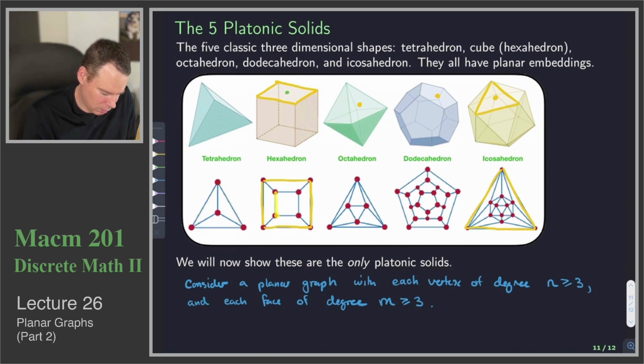Or in the case of the cube, every face has degree 4. Or the octahedron, every face has degree 3, and so on. So I'm not making any assumptions about these values. I'm just saying every vertex has degree n, and every face has degree m, because that's a common property that all of these graphs have. And we're going to show that in this case, there's only 5 choices we could have for n and m, and they represent these 5 graphs.